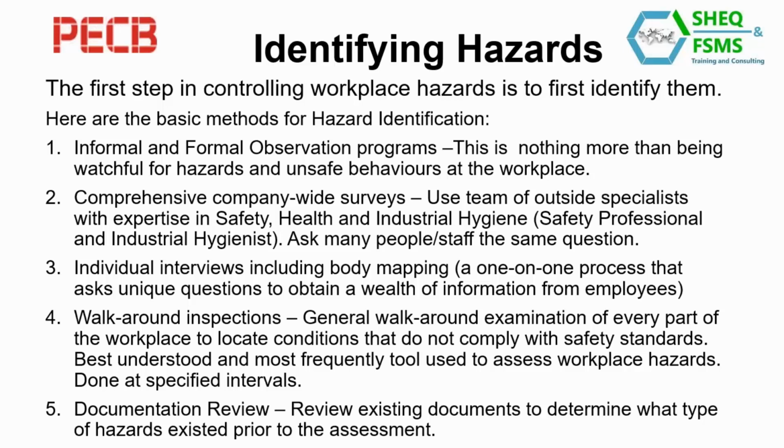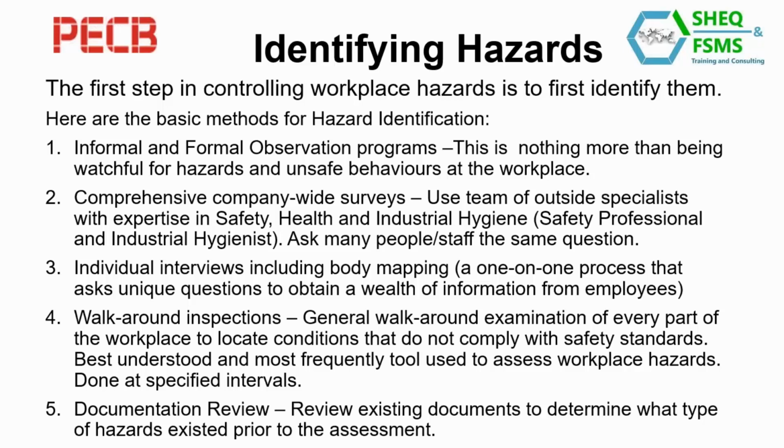Number 3, individual interviews, including body mapping, a one-on-one process that asks unique questions to obtain a wealth of information from employees. Number 4, walkaround inspections, a general walkaround examination of every part of the workplace to locate conditions that do not comply with safety requirements.